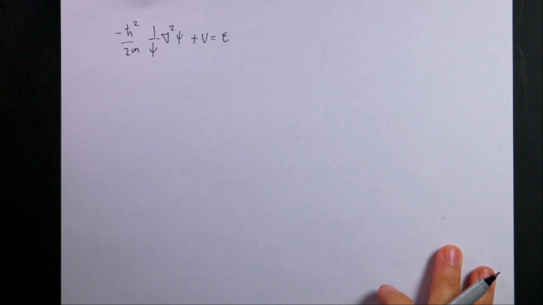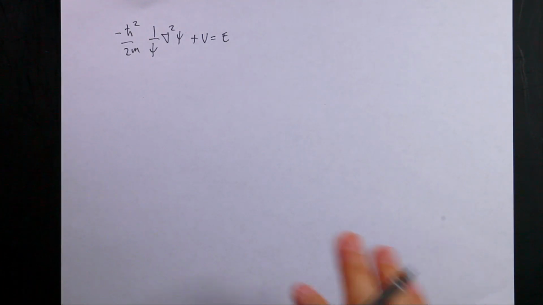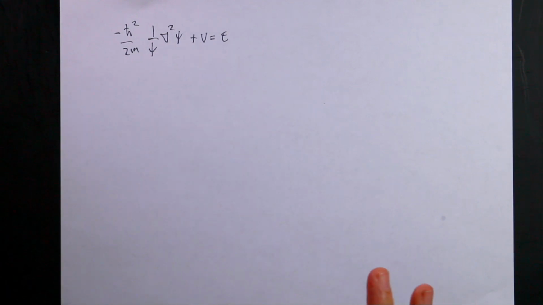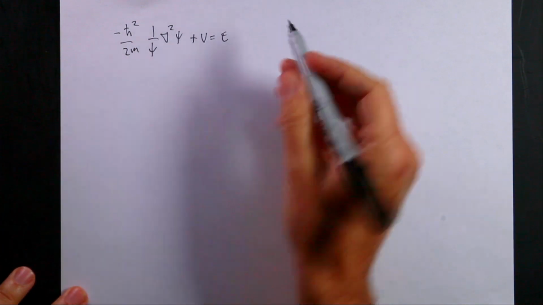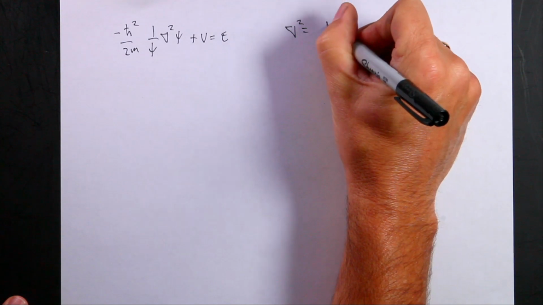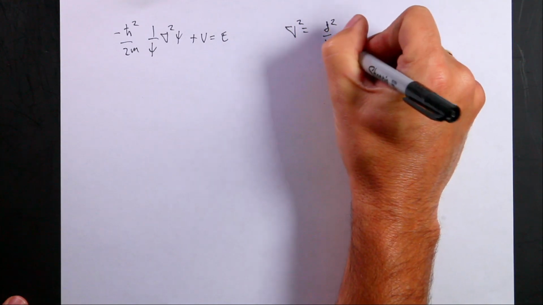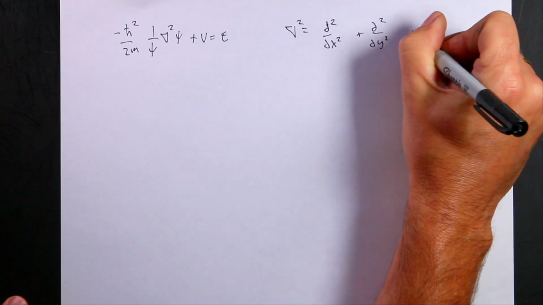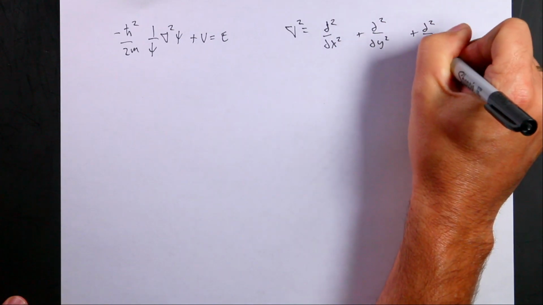Okay, so now we want to do something like what we did before. I want to separate this function psi into multiple parts, so I have to deal with this Laplacian. The Laplacian in Cartesian coordinates is the second partial with respect to x plus the second partial with respect to y plus the second partial with respect to z.